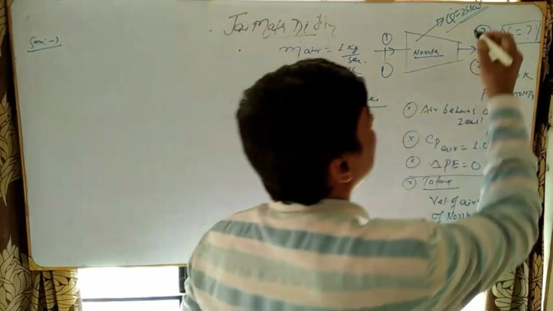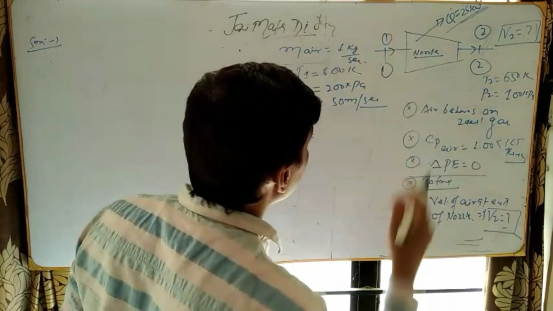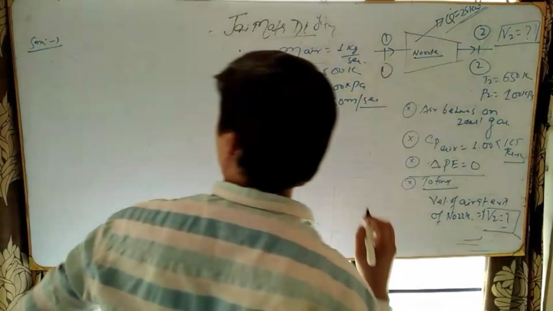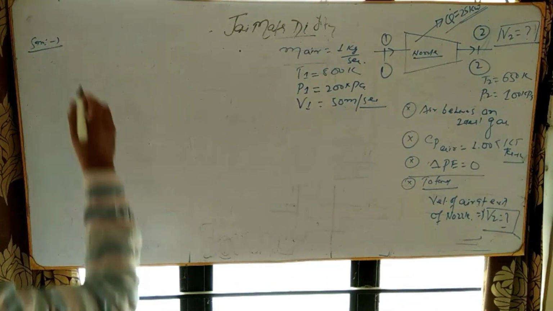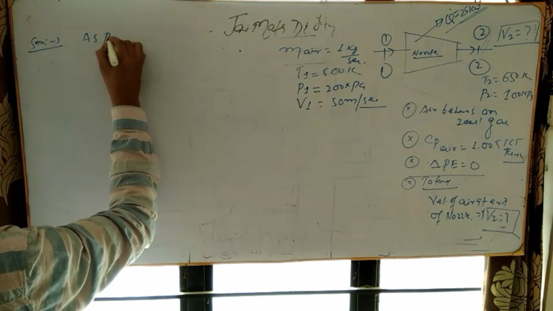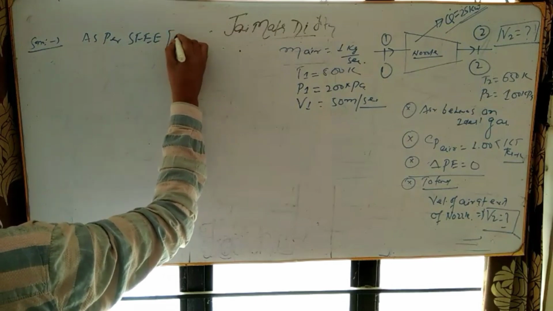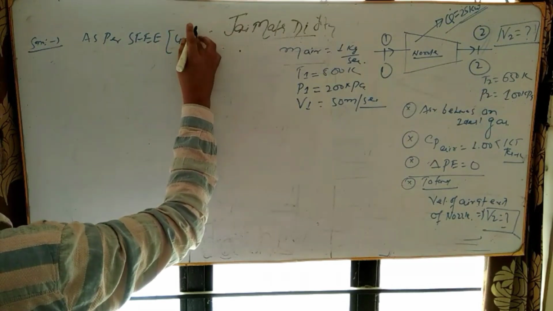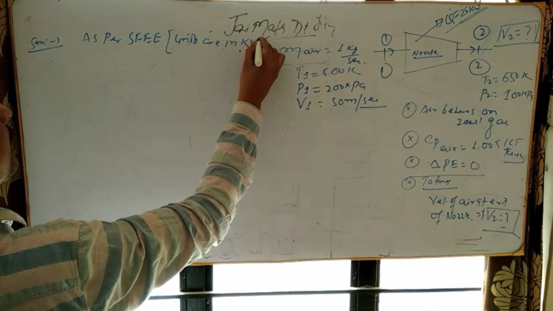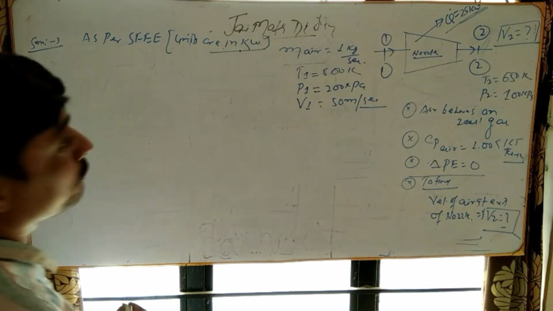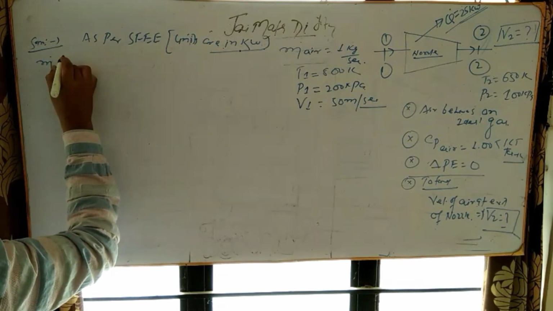So the unit of this heat rejection is in kilowatt, and this mass flow rate is also given. Okay. So better to write the steady flow energy equation in kilowatt form. Okay. So write as per steady flow energy equation, units are in kilowatt.